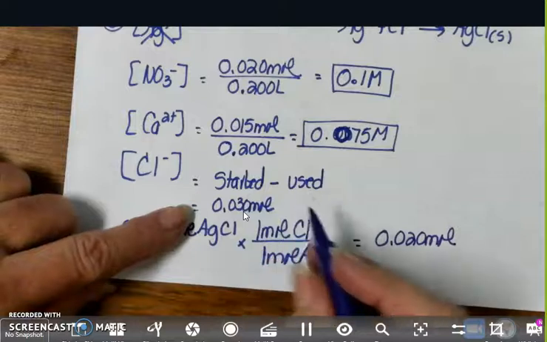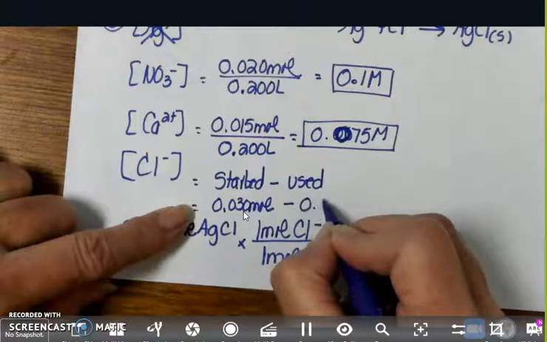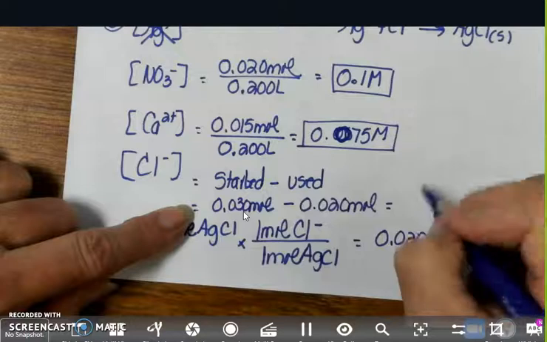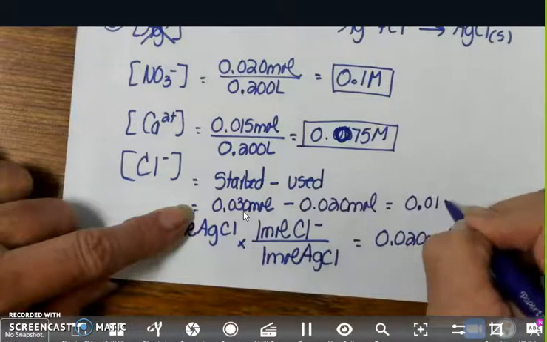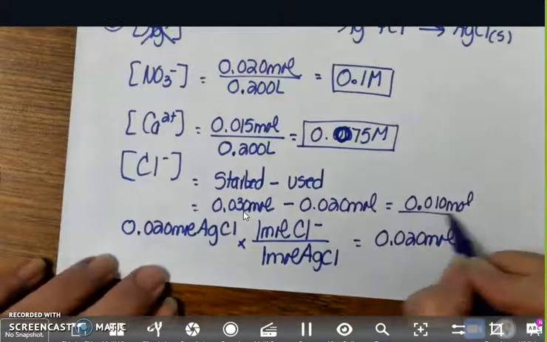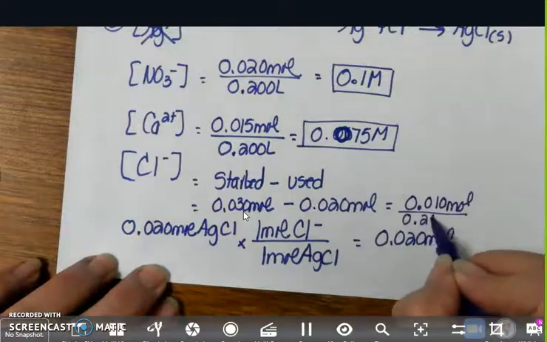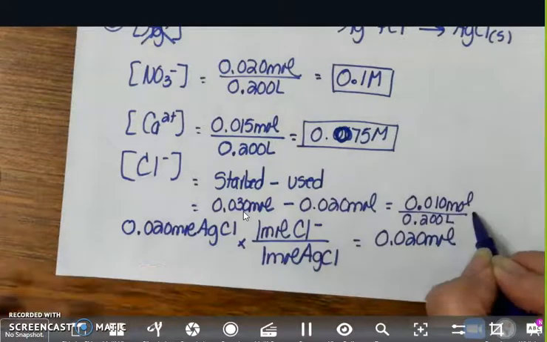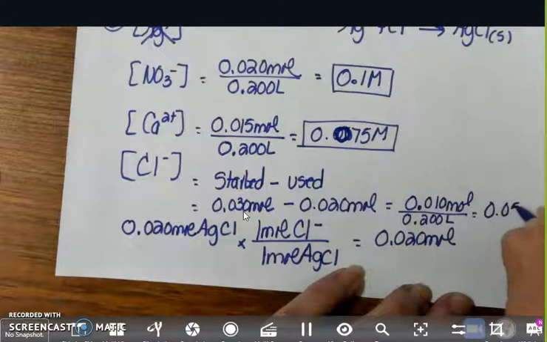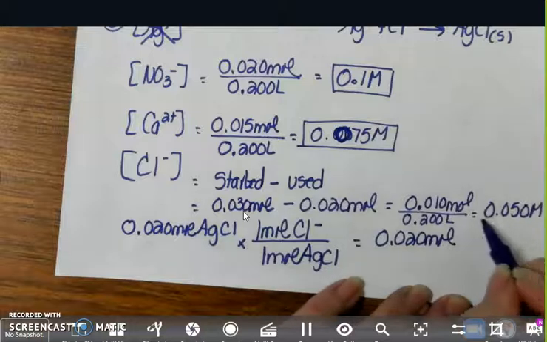So that's my used. I subtract, and that equals 0.010 mole. I divide that by 0.200 liters, and I get 0.050 molar solution.